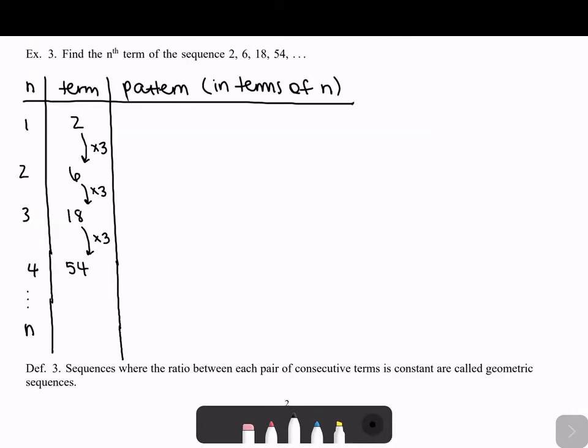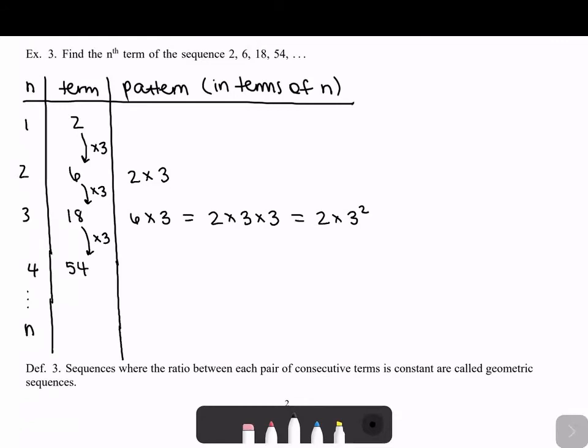Okay, so this is a pattern that works. Now we just have to figure out how to write it. Just like before, to get 6, we do 2 times 3. To get 18, we do 6 times 3. But again, we want all of our patterns to look as similar to the one above it as possible. So this is really 2 times 3 times 3, which we can write by combining the 3's as 2 times 3 squared, where 3 squared is just 2 copies of 3.